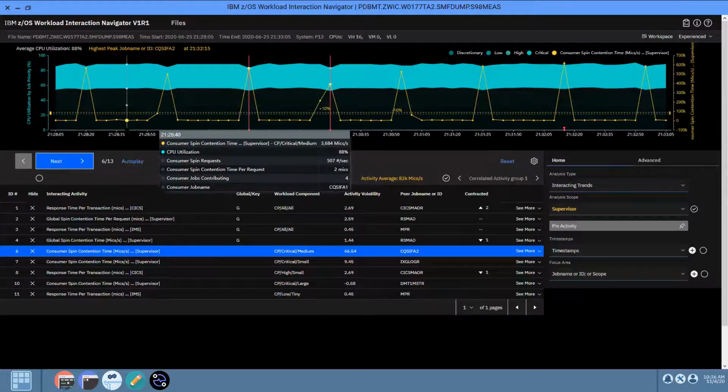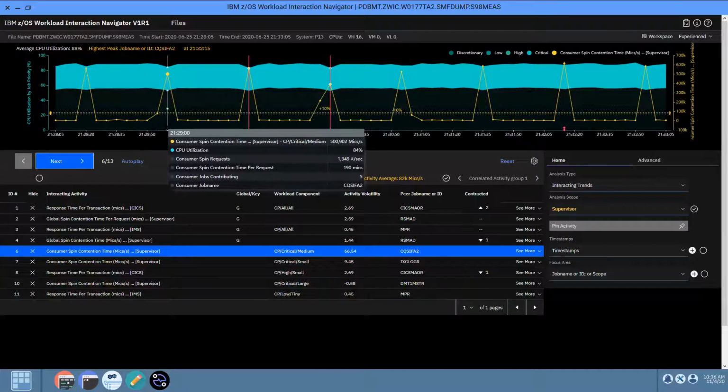And hovering over the graph here, we can see that a lot of that spin contention is originating from the CQS IFA address space. CQS IFA 2 address space is one of the IMS common queue server address spaces. So it's involved in doing IMS message processing.